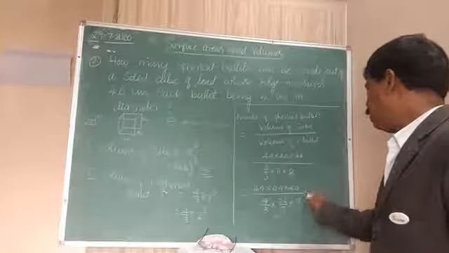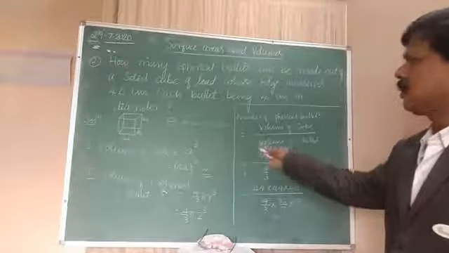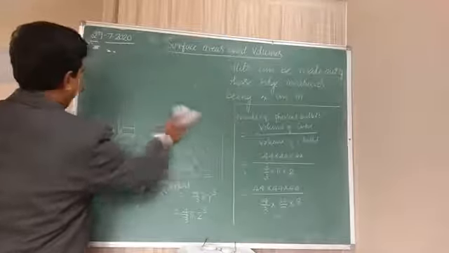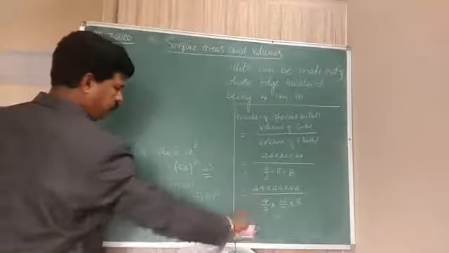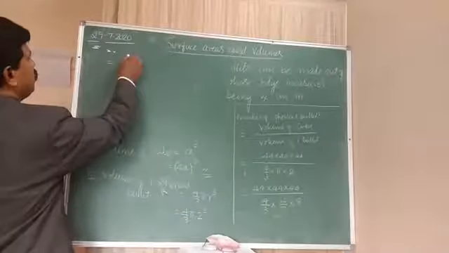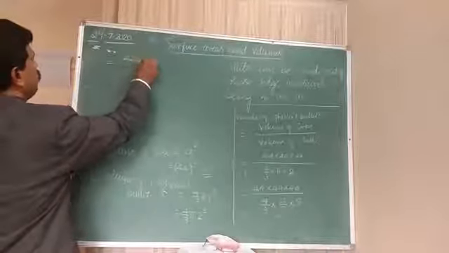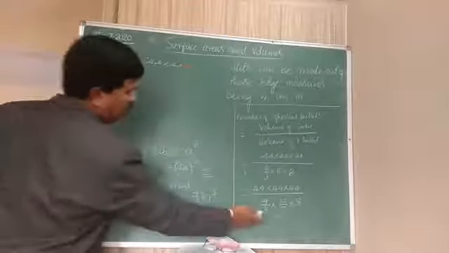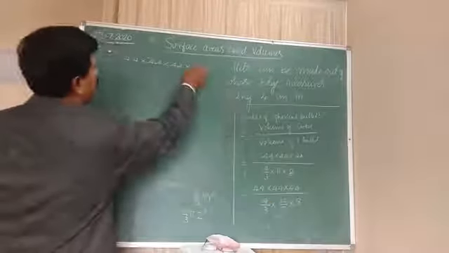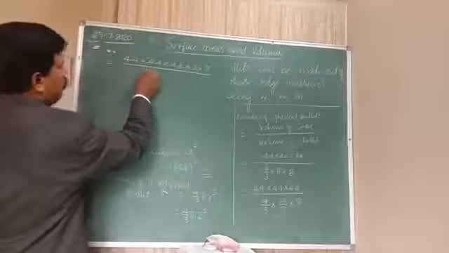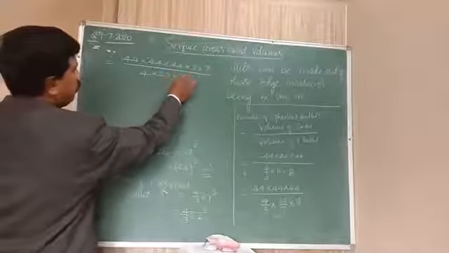Now I am rubbing the first part. Now number of spherical bullets is equal to 44 into 44 into 44 into, shifting this 3 and 7 up, 3 into 7, whole divided by what is left, 4 into 22 into 8.